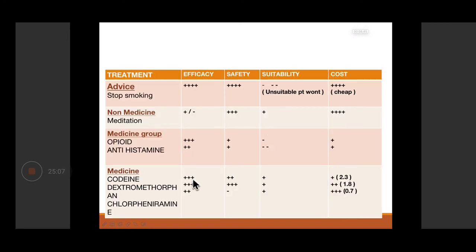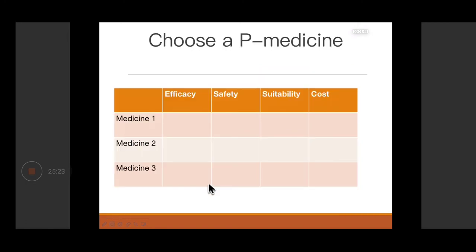In this case, you have to do a calculation because the cost is more for codeine, but efficacy is also more. So probably cost is not that much, and one can go ahead with codeine or dextromethorphan as the P medicine in this case. So for whatever medicines you are choosing, medicine 1, 2, 3, you have to score them in the order of efficacy, safety, suitability, and cost.